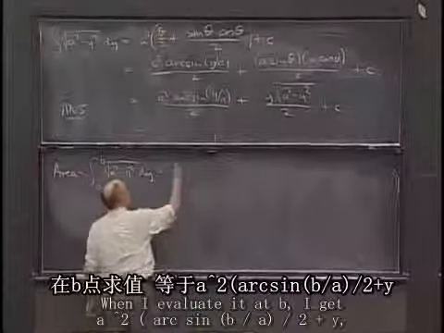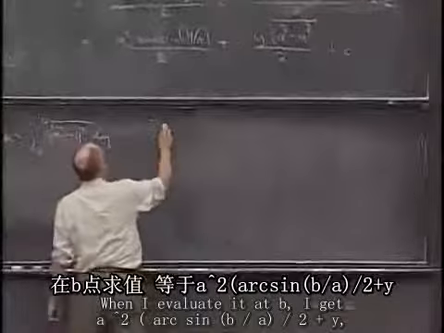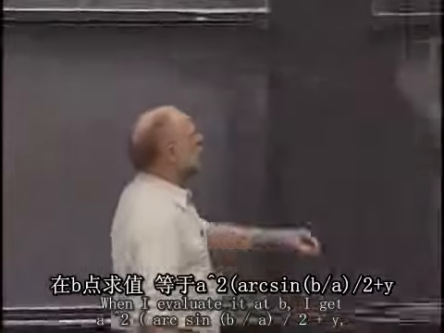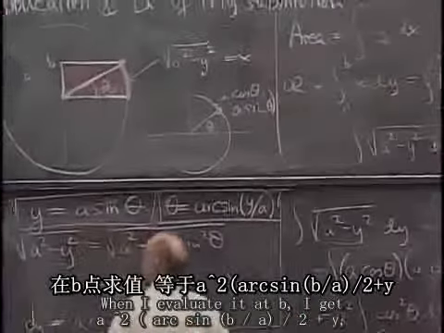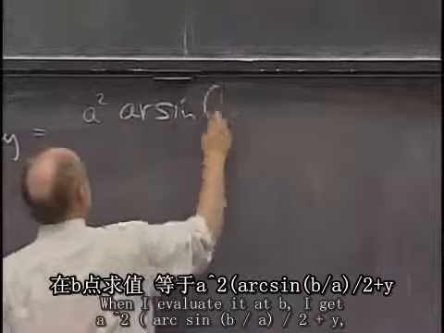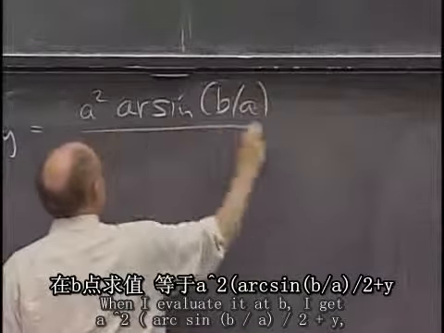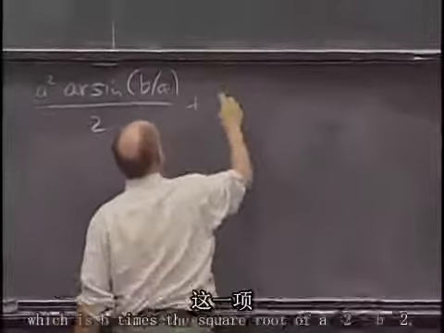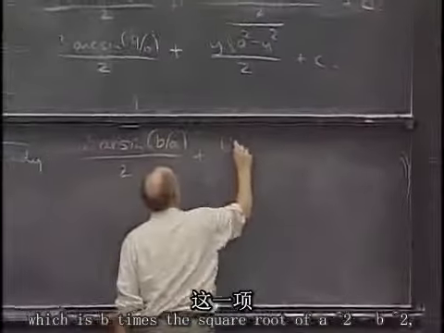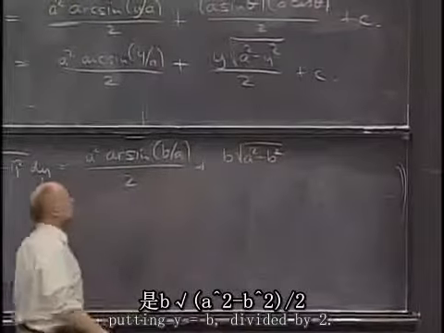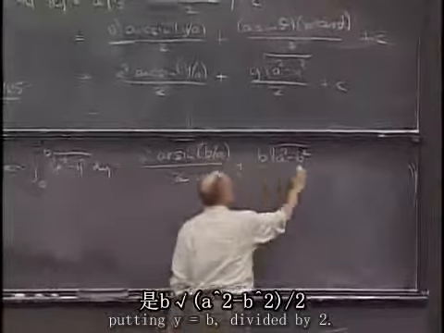Well, let's see. When I evaluate it at b, I get a squared times the arc sine of b over a, over 2, plus y, which is b, times the square root of a squared minus b squared, putting y equal to b, divided by 2.